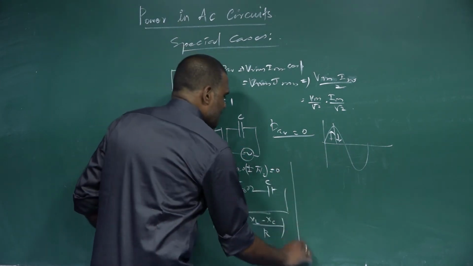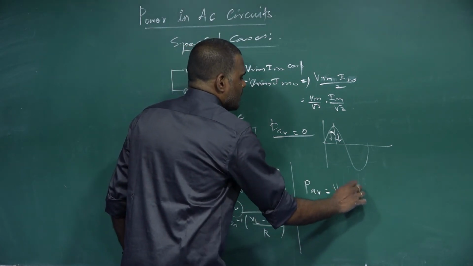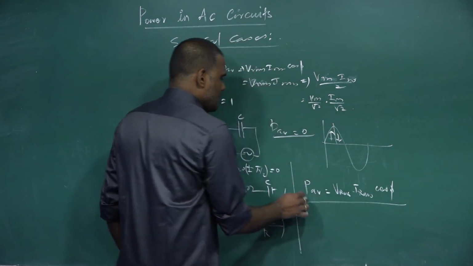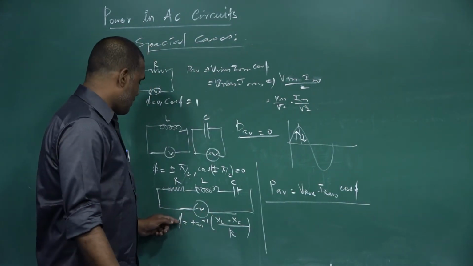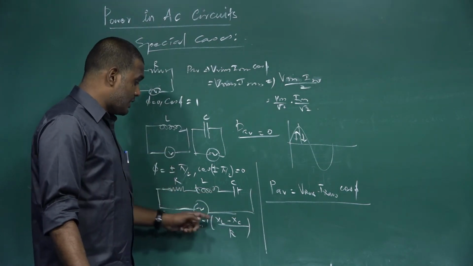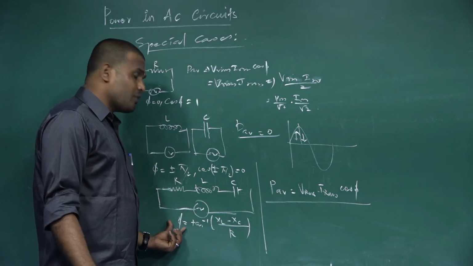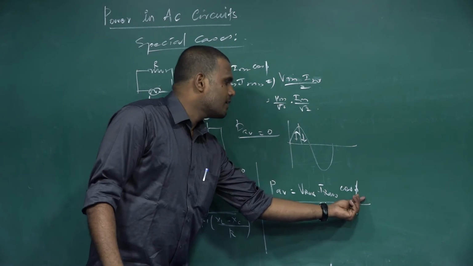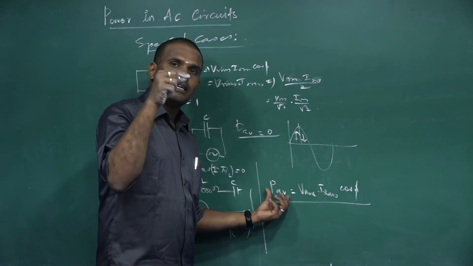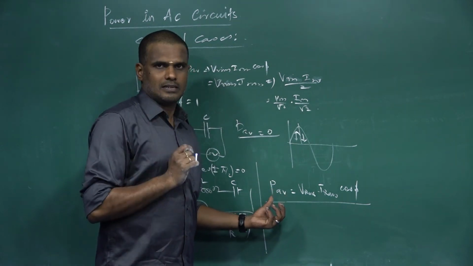We can write simply that the average power is Vrms Irms cos phi. What does this mean? You have to calculate the phase angle for the series RLC circuit by knowing the values of inductive reactance, capacitive reactance and resistance. After finding the value of phi, you substitute it so that cos phi gives you some value. So you can calculate the average power consumed by the series RLC circuit.